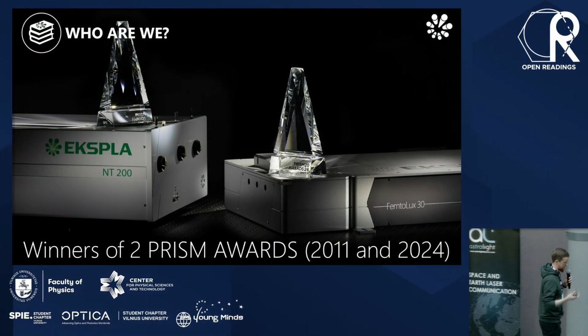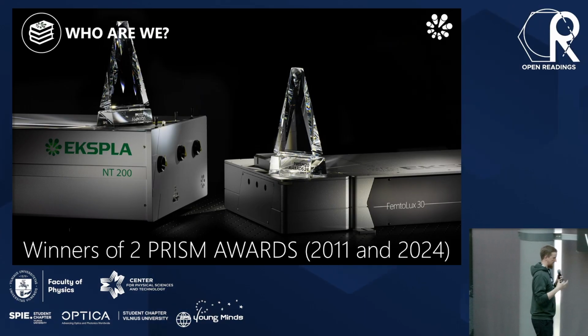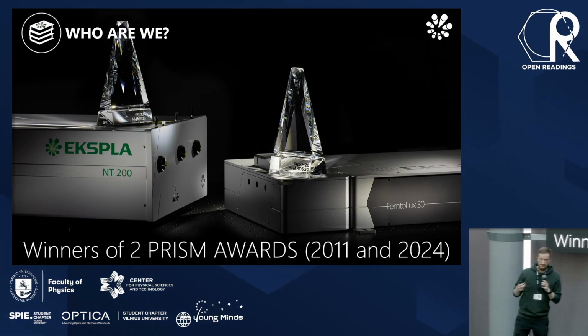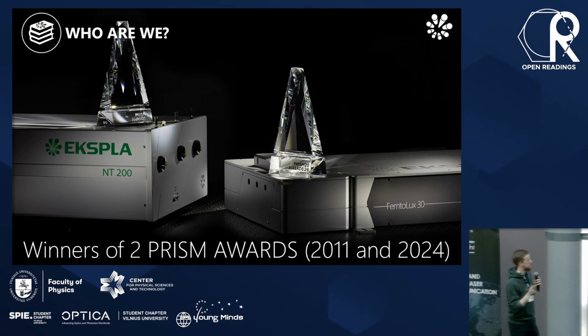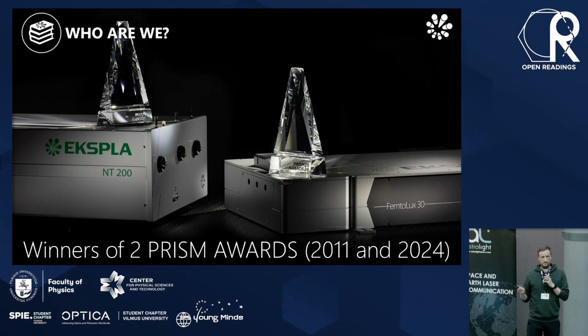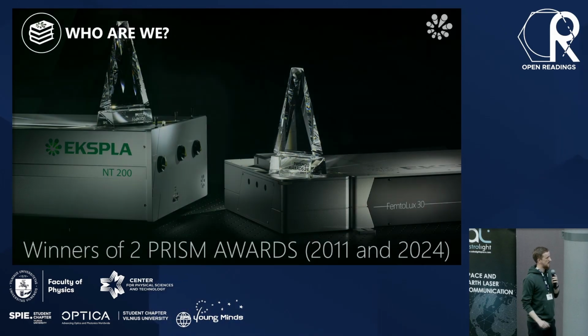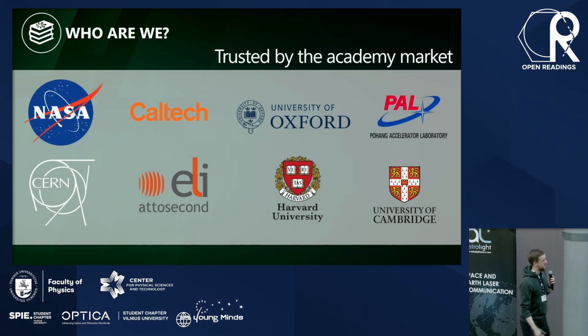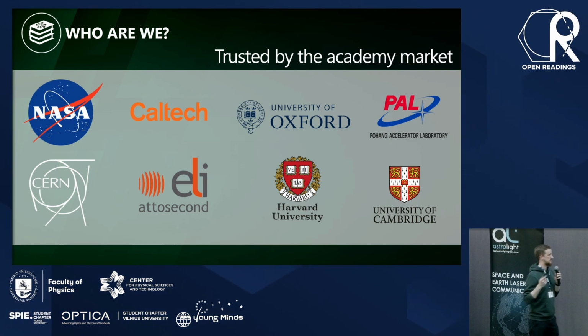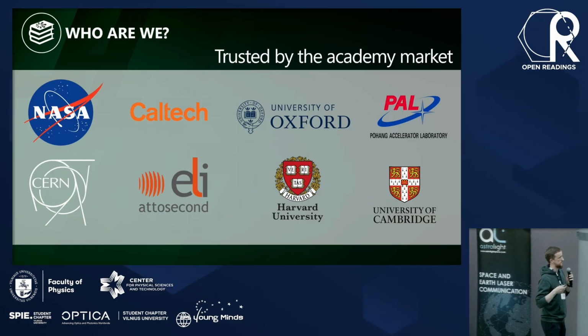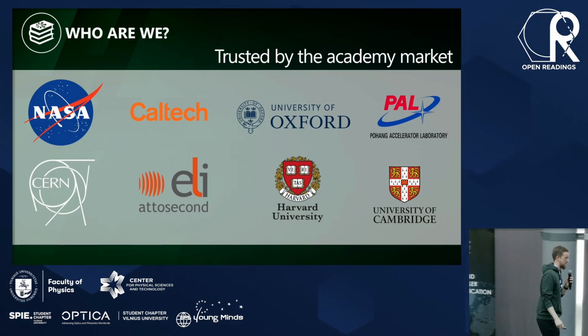And one of the most important things about Expla is that we are one out of 4 or 5 companies all around the world which has won 2 PRISM awards. If you don't know what the PRISM award is, it's like an Oscar in the laser industry. So that's quite a huge accomplishment. And we work with many different institutes and universities, starting from NASA to LLNL, to Oxford, Cambridge, Harvard universities.